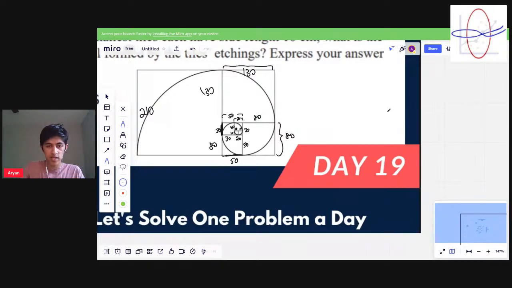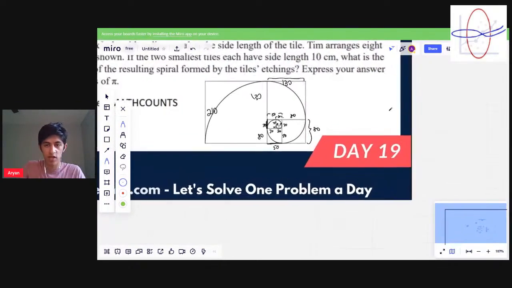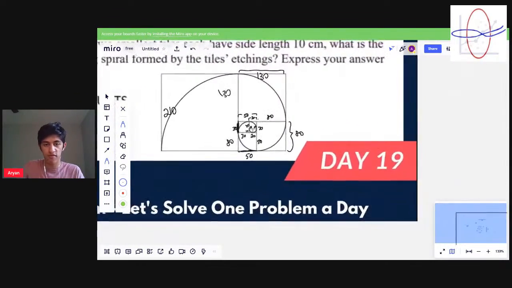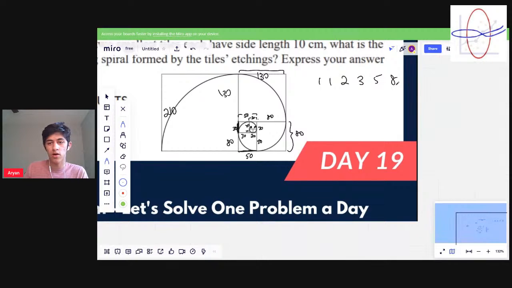So you might recognize these numbers. These actually are Fibonacci numbers. If we divide everything by 10, that shouldn't make a difference, we're just scaling our problem down. The first two have a radius of 1, then the next one has a radius of 2, then you have 3, 5, 8, 13, and then 21.